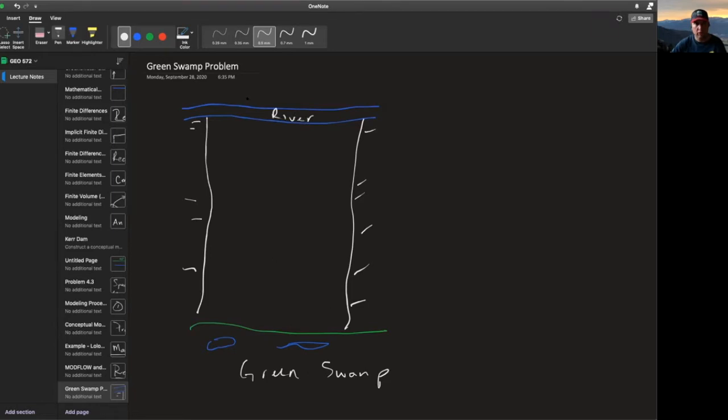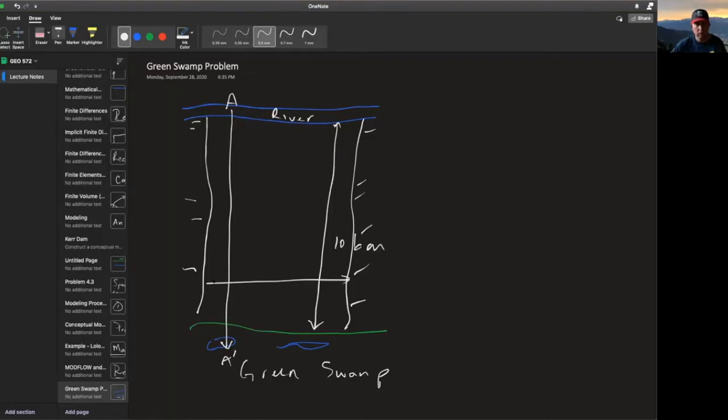And if we were to look along a profile here from A to A prime, right? Let's add some dimensions here. This was 10,000 meters, 10 kilometers, and this was 4,500 meters.